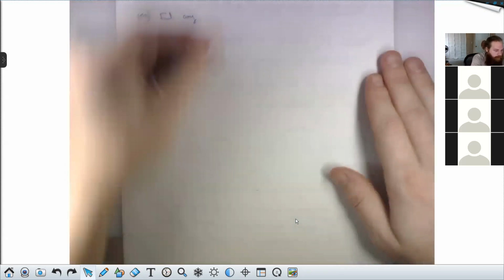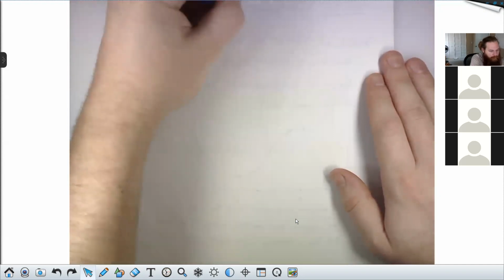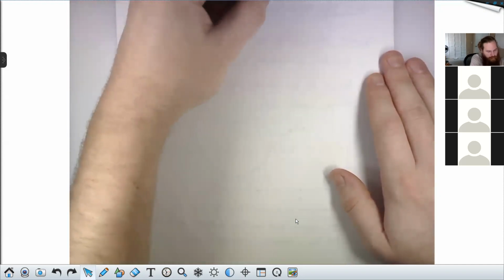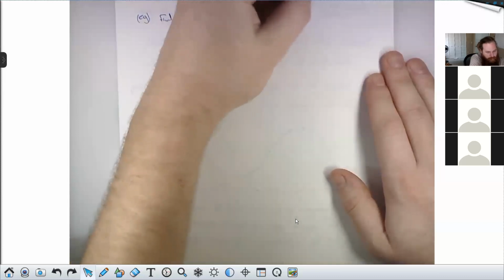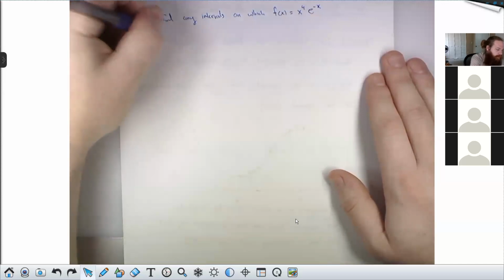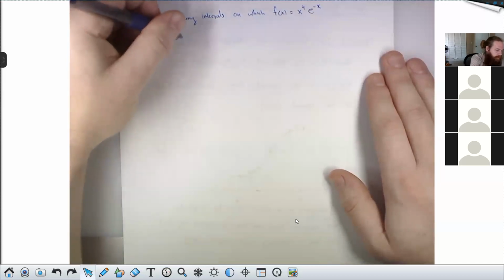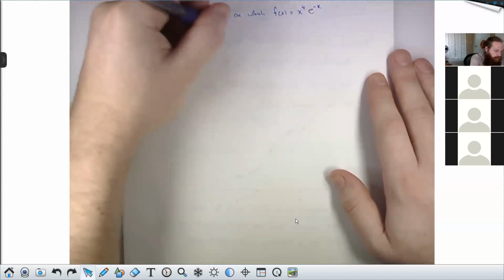Find any intervals on which f of x equals x to the 4 e to the negative x is increasing or decreasing.